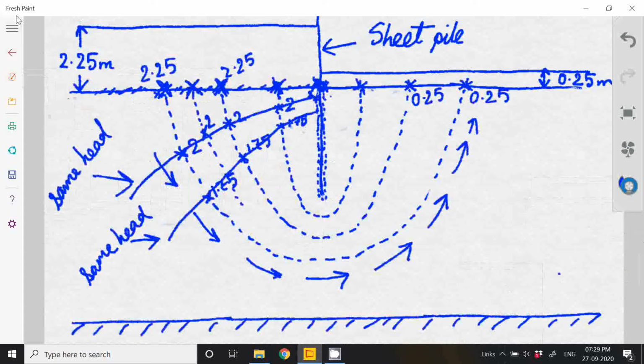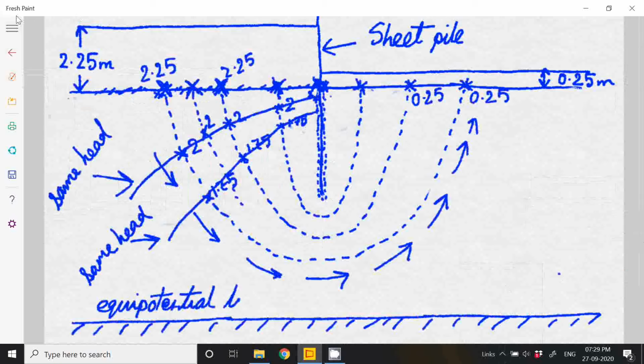These lines are generally called equipotential lines, lines of equal head. So this line will have the same head of 2 meter, and this line will have the same head of 1.75 meter. These lines of equal head are called equipotential lines. So I hope you have understood.